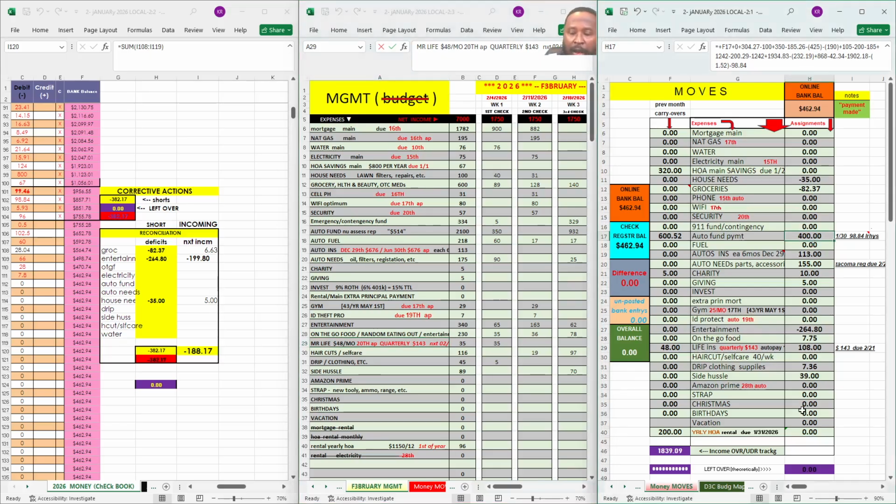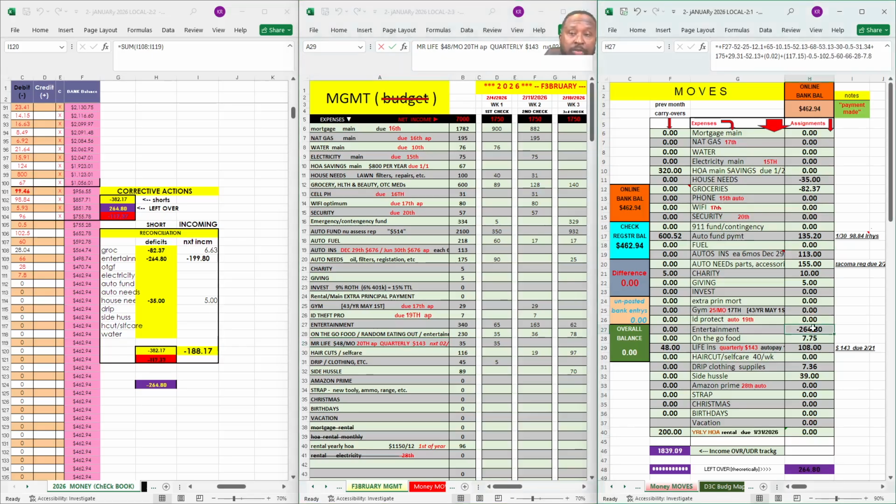I go over here to the auto fund, I push F2 and I say minus, shift parentheses open, adjustment, minus 264.80, shift parentheses close, adjustment, enter. All right, so now that left the auto fund with 135.20, but it leaves me here with an unbalanced amount of $264.80.